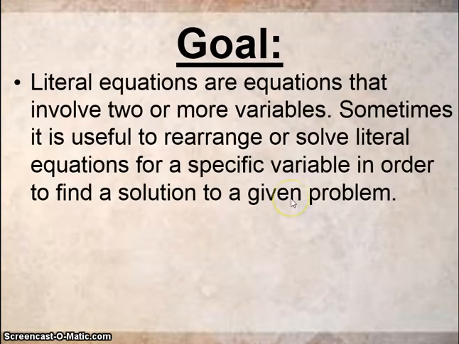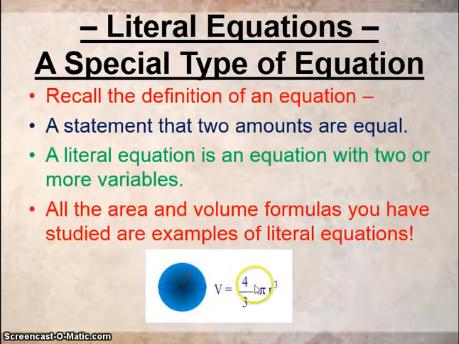The goal of today's lesson: literal equations are equations that involve 2 or more variables. But sometimes it's useful to rearrange or solve the literal equation for a specific variable in order to find a solution to a given problem. So for example, your volume formula was useful when you were looking for volume.